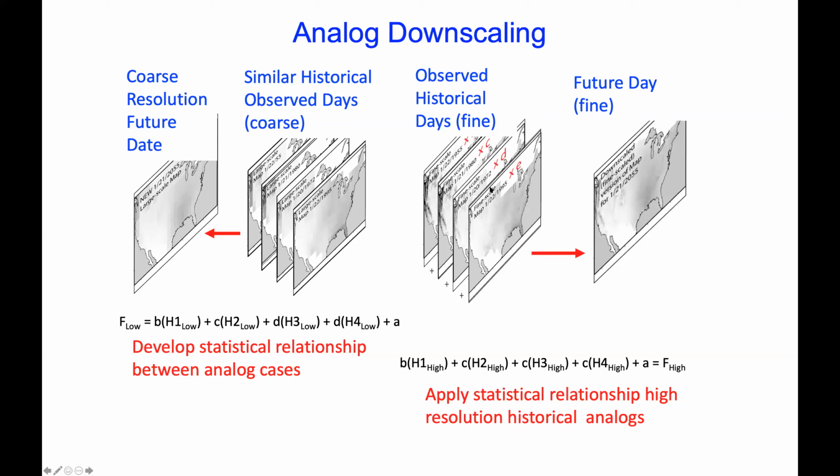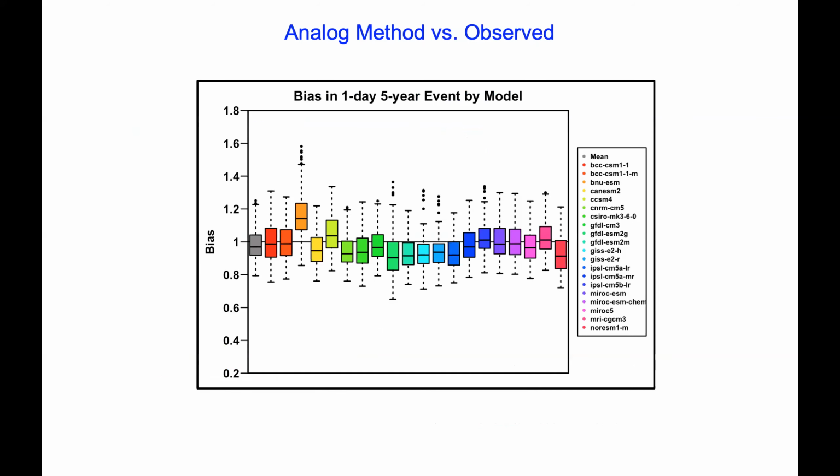So we can use this as an example to say, when we have these surrogates of weather maps from the historical period, we can look at what the rainfall is on these days in the historical period at a fine resolution and use that as a surrogate for what we might expect in terms of rainfall in the future. So doing that, and again, the same type of box plots here, we can apply this to the entire suite of CMIP5 models.